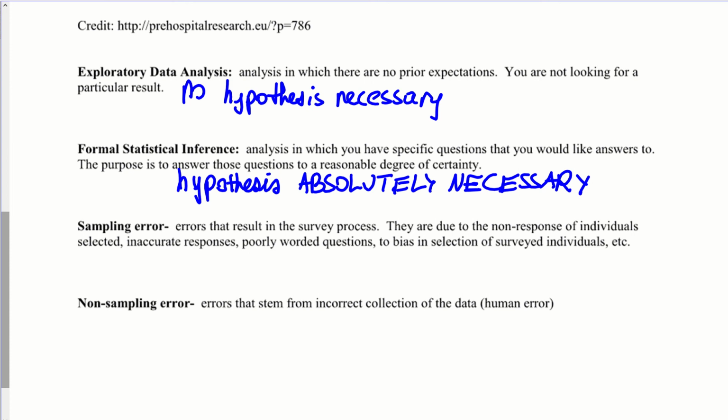That's non-sampling error. There was nothing wrong with the sampling process. It's just something that you did with the responses that was incorrect. Something with the analysis that was incorrect. So really any other error that could occur after you've already collected the data, assuming the data was collected correctly. So this is error in the data collection process. That's sampling error.